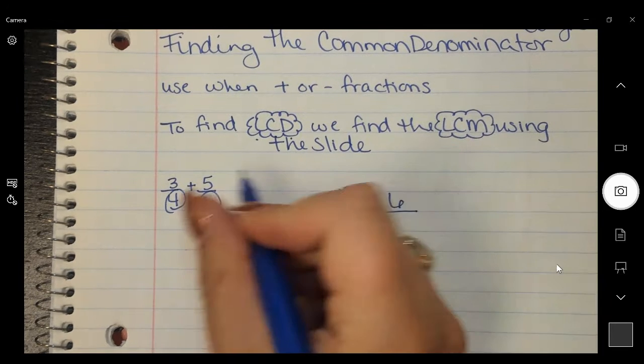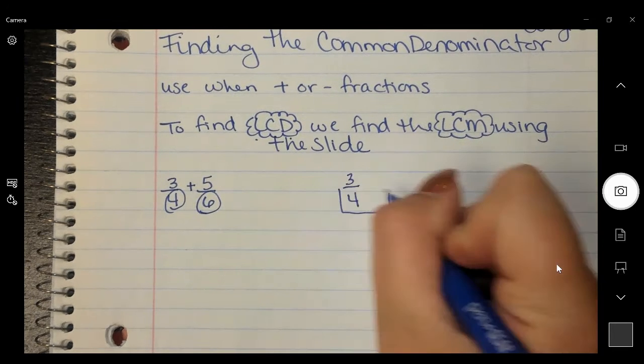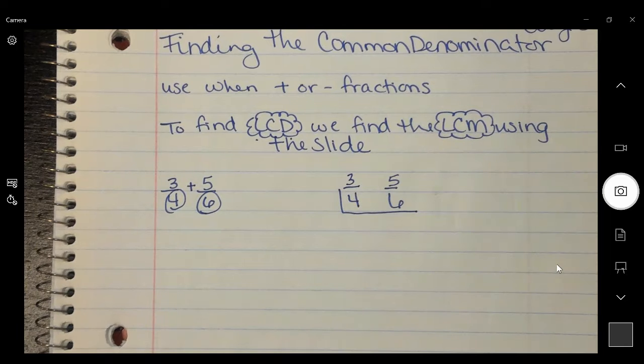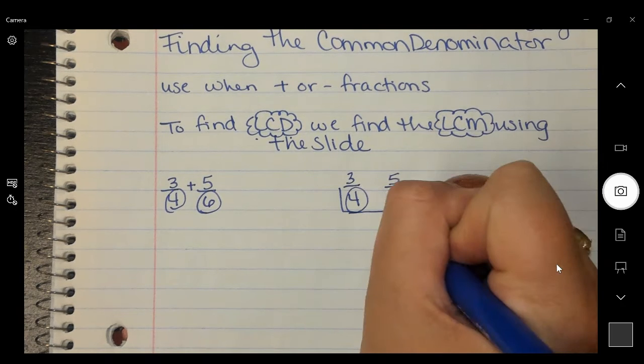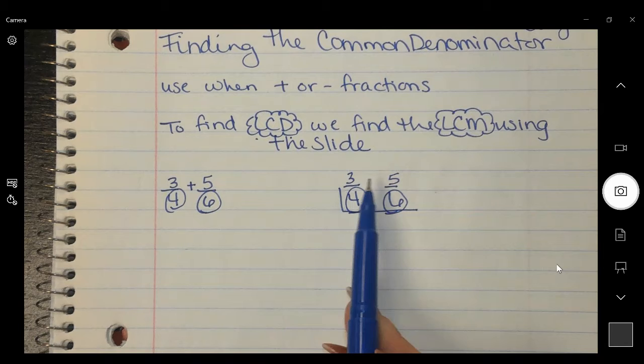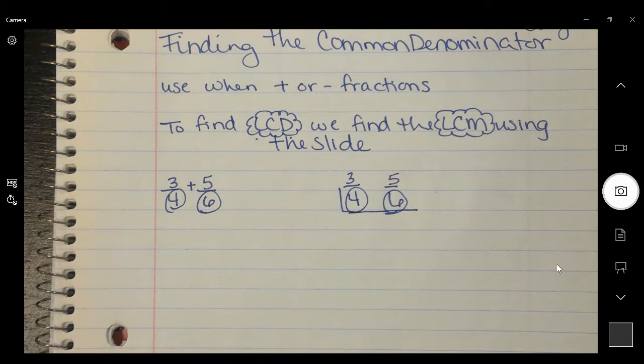On top of the slide, I'm going to finish writing the fractions. To find the denominator, we focus on the denominators. So I'm only going to focus on 4 and 6 in my slide. I'm not going to worry about my numerators at the moment. What can go into 4 and 6? 2. Why?